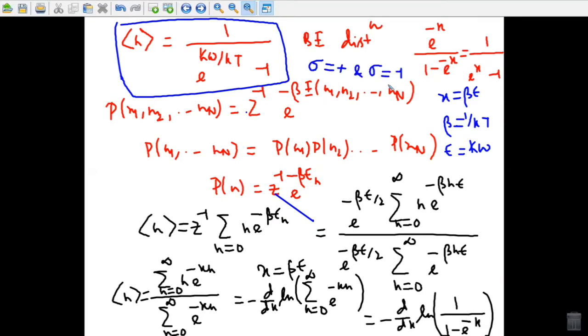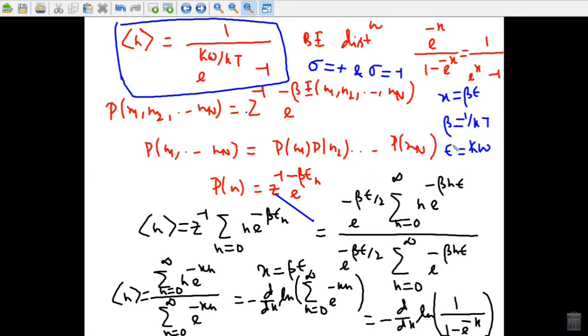To do this, we recall the probability of a microscopic state given by the set of excitation numbers n1 to nN, which is P(n1 to nN) equals Z inverse e to the power minus beta E(n1 to nN).